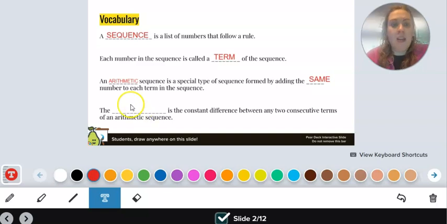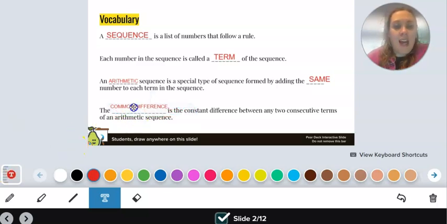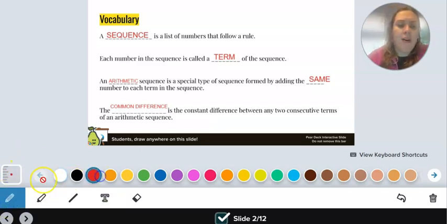Okay? And we call this number the common difference. That is the constant difference between any two consecutive terms of an arithmetic sequence. When we're talking about our difference, we use the letter D.